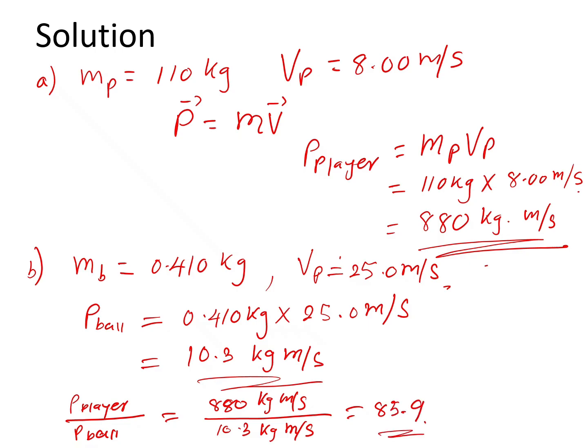This means the football player has about 86 times more momentum than the football. These results match our prediction. The ball has the greater speed, but the player's much larger mass dominates the comparison.